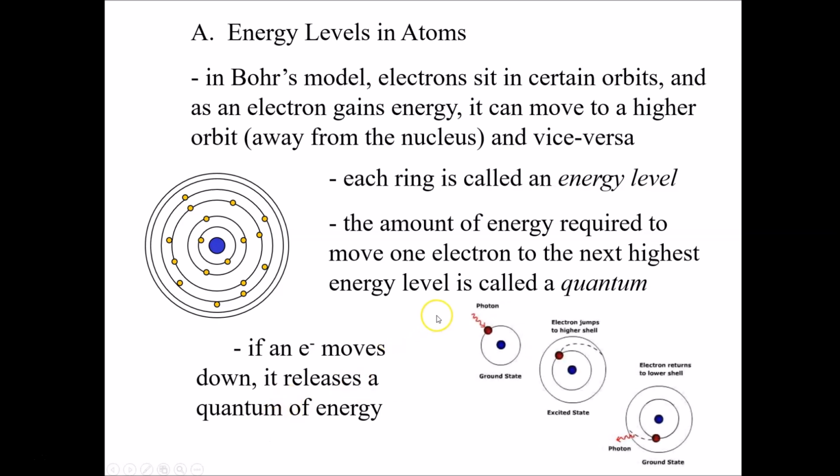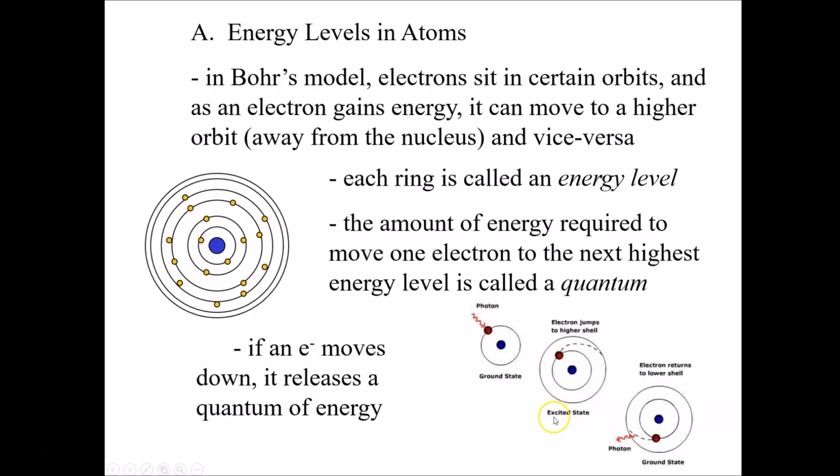So here's a little illustration of that. Energy comes in the form of whatever, but energy comes in and hits the electron. The electron is currently in its lowest energy state. We call that the ground state. But once it gets hit with that energy, it then jumps up to a higher energy level.